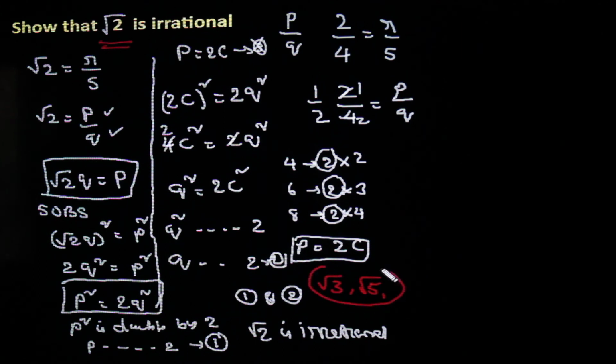For all these problems, those who are weak at mathematics simply practice this complete problem and replace 2 by 3. If they ask, show that root 3 is irrational, wherever you find 2, write 3, here also 3, here also 3, replace and practice. You will get command over this problem.